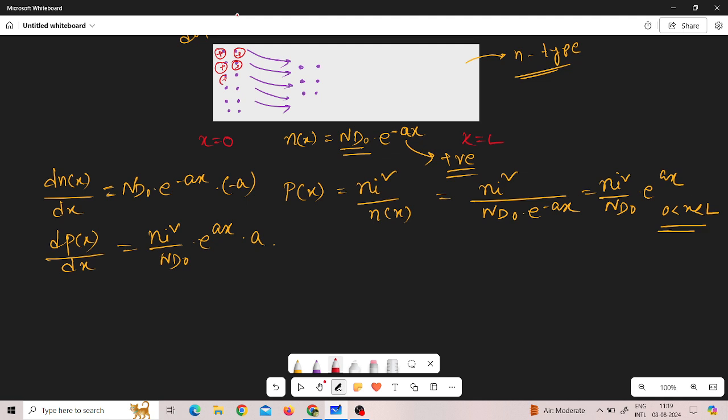So here positive ions will be more. From here also electrons will diffuse and leave positive ions.